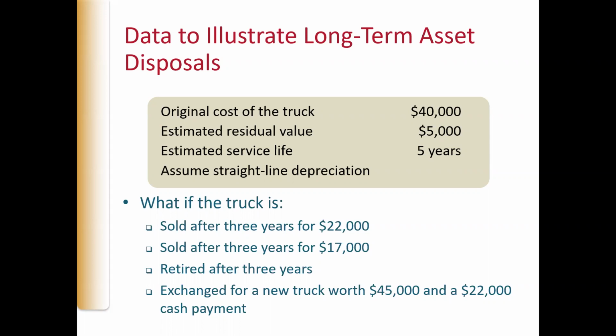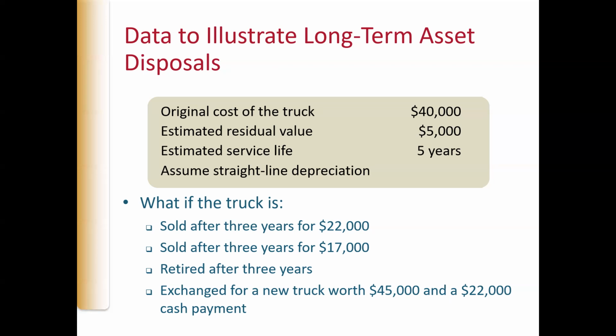The truck is 40,000, and the residual value is 5,000, so that's 35,000 divided by the service life of 5 years, which is 7,000 a year. So 7,000 times 3 years is 21,000. Therefore, our basis in the truck after year 3 would be the 40,000 minus the 21,000, or 19,000.